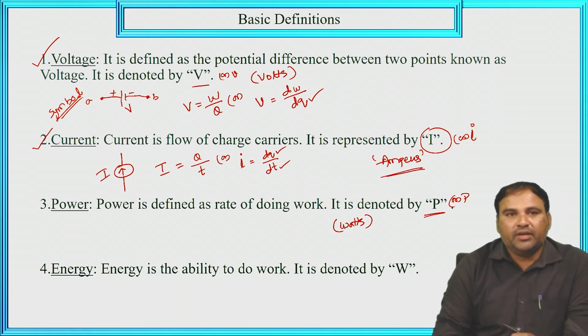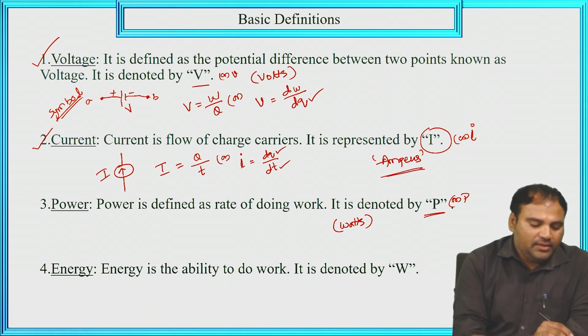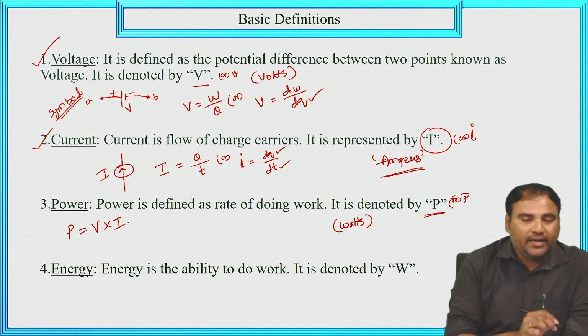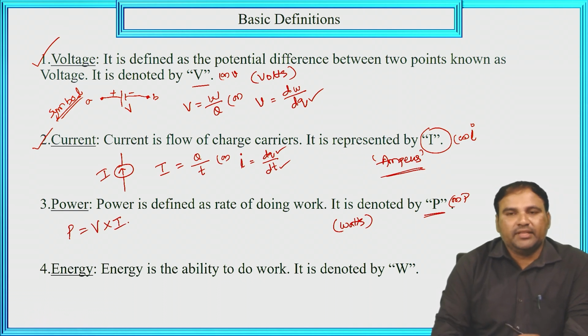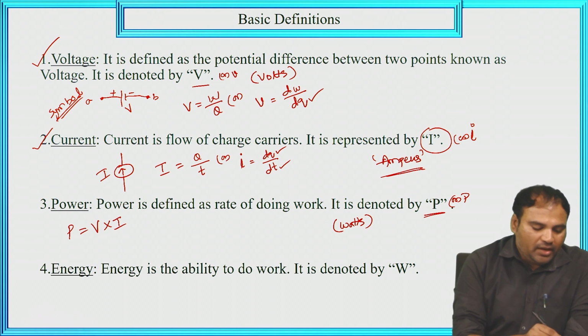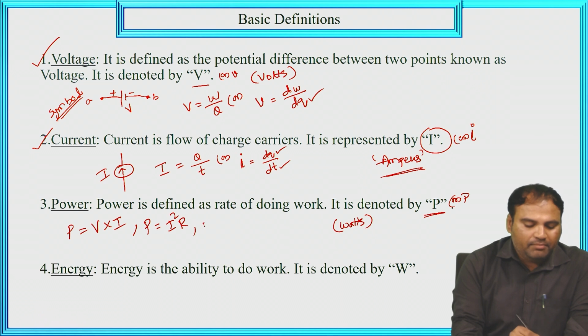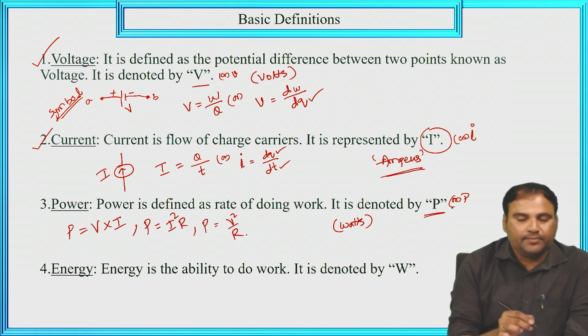The generalized power equation is P equal to the product of voltage and current. Or we can also write power equal to I square R, or power equal to V square divided by R.